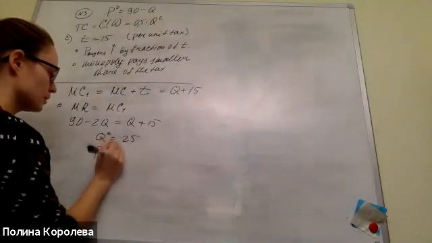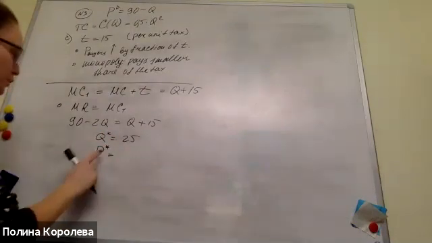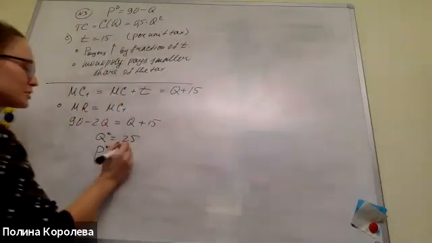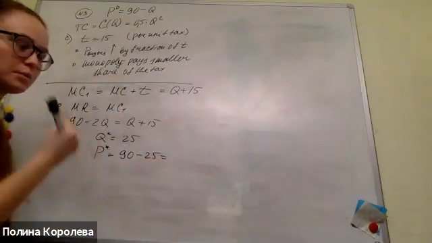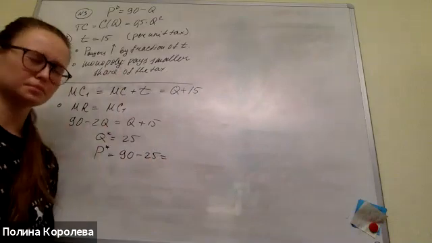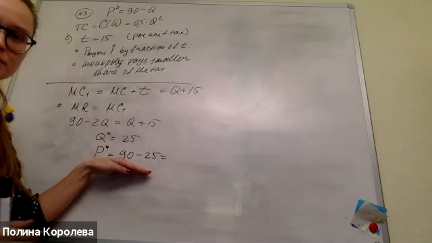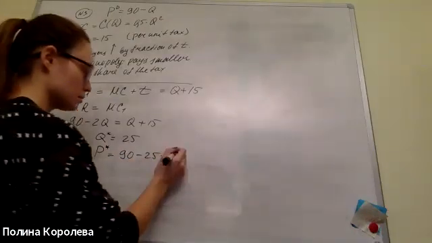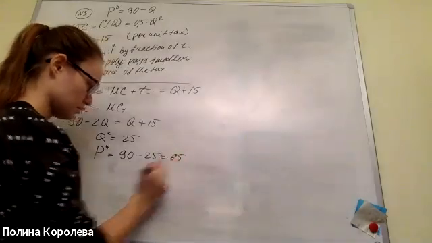And the price, you understand that the price will be higher. Put this new quantity into the inverse demand function, 90 minus 25. And this price will be paid by consumers. They will see this price in the supermarket. 90 minus 25, it is 65.